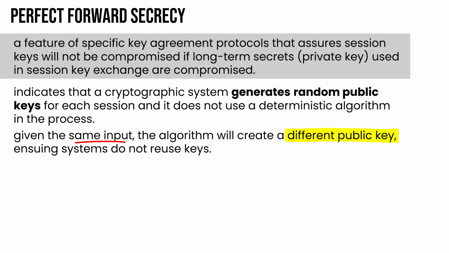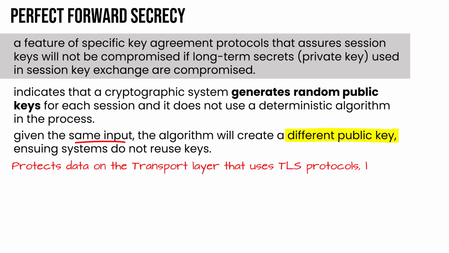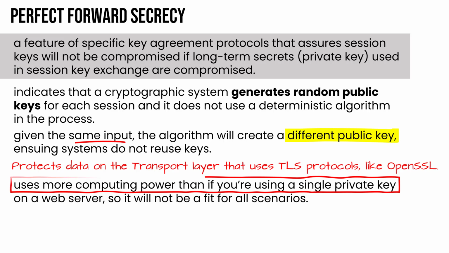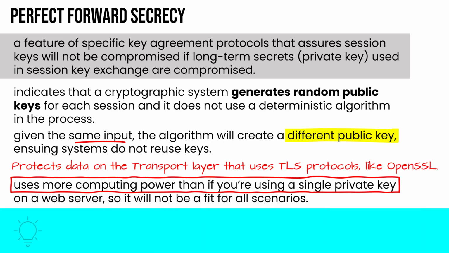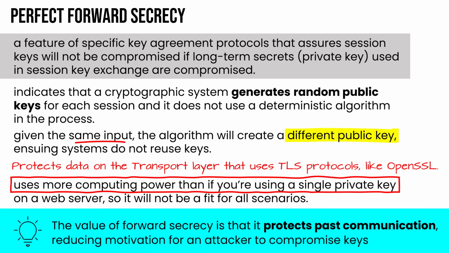That's what it means to not be deterministic. It protects data on the transport layer that uses TLS protocols like OpenSSL. It uses more computing power than if you're using a single private key like on a web server, so it won't be a fit for all scenarios. But one of the key values of forward secrecy is that it protects past communication, reducing motivation for an attacker to compromise keys.